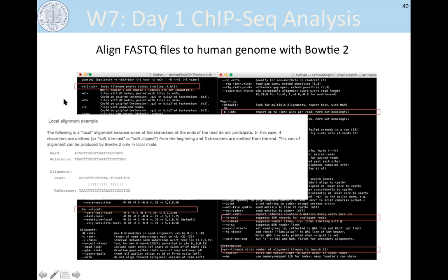So the --local option will allow for mismatches at the ends, which is also called soft trimming or soft clipping. Instead of doing hard clips of all the reads, we're going to use the --local option, which will take into account that mismatches at the ends will be less penalized than mismatches in the middle of the reads.